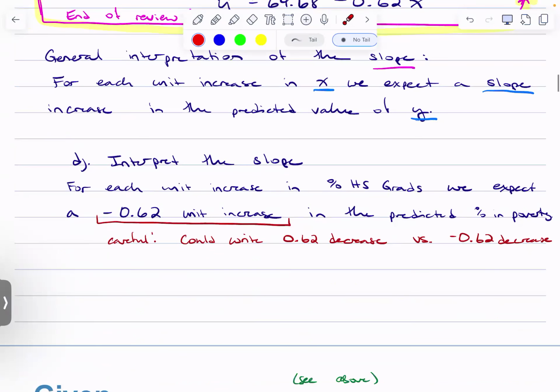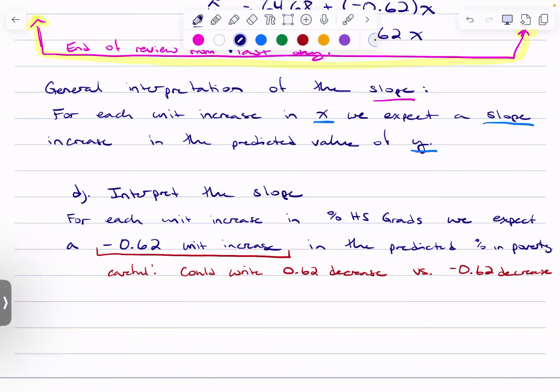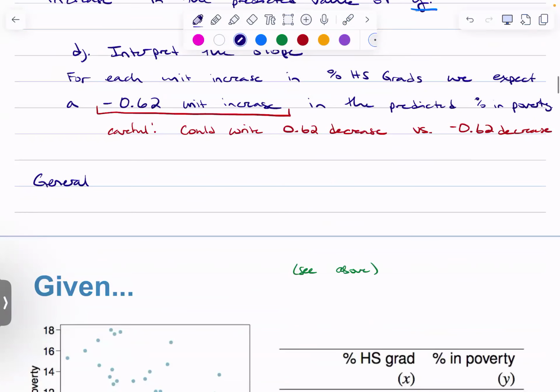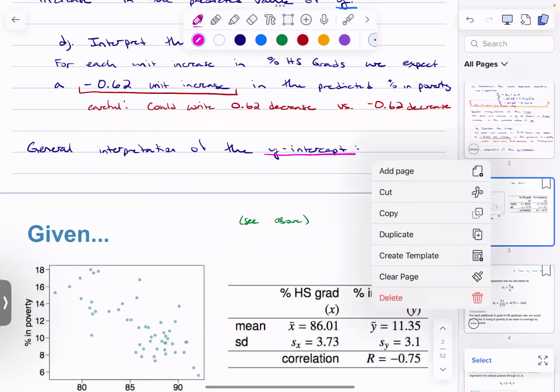All right. How about the general interpretation of the y-intercept? Let's start there. General interpretation of the y-intercept. I'll add some pages here.